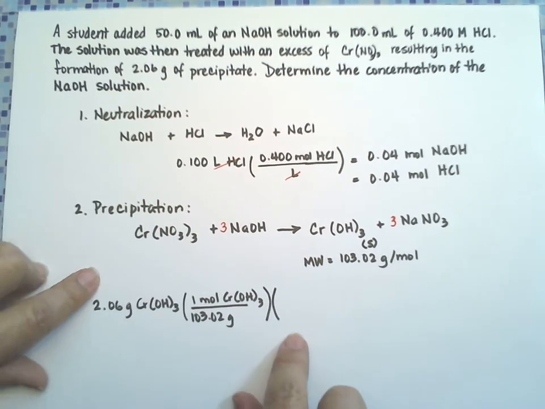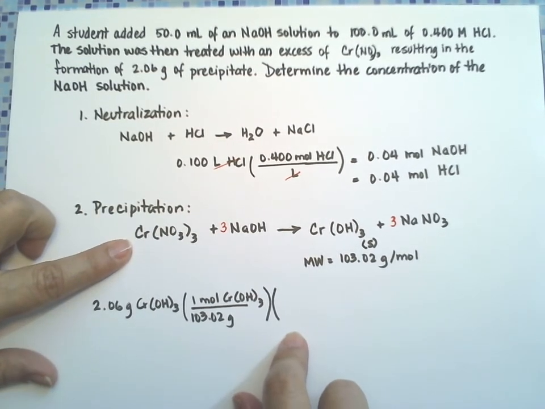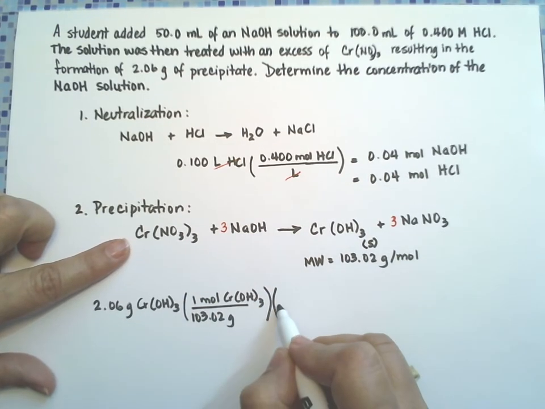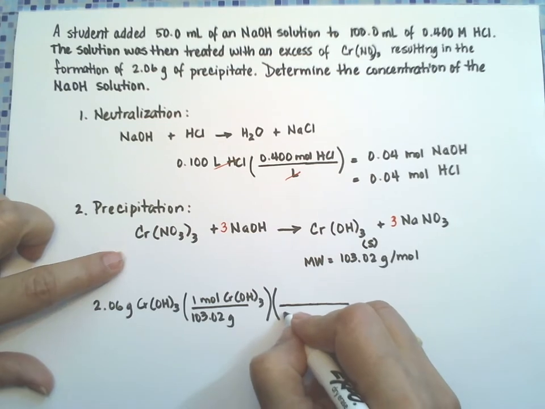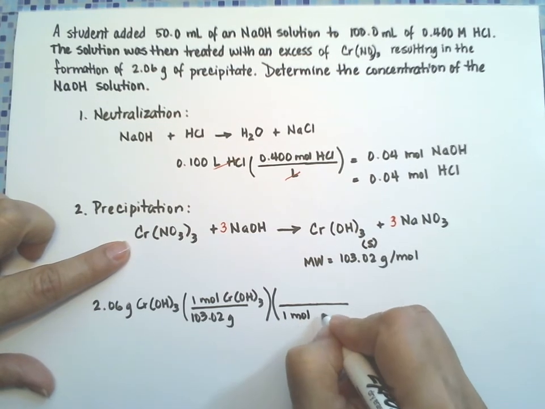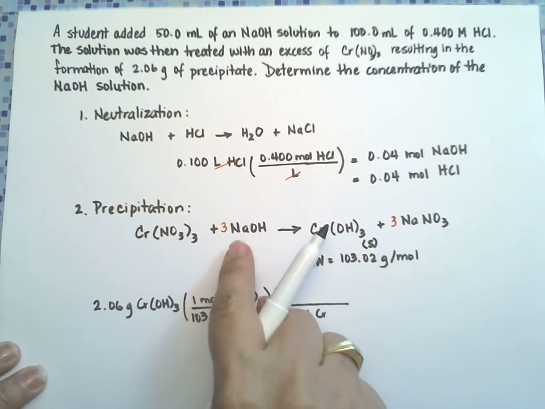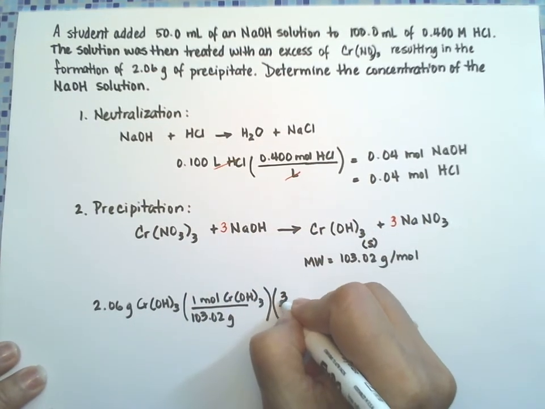According to this equation, for every mole of chromium that I have, I'm going to need 3 moles of the hydroxide. So I have to take that into account. For every mole of chromium, I'm going to need 3 moles of sodium hydroxide.